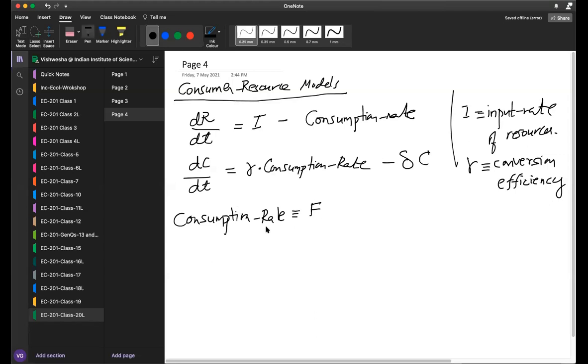Okay, so let's say f is the consumption rate function. What will this depend on? This should depend on both R and C. Do you agree? The amount of resources available as well as the number of consumers. As consumers increase, will this consumption rate keep on increasing?